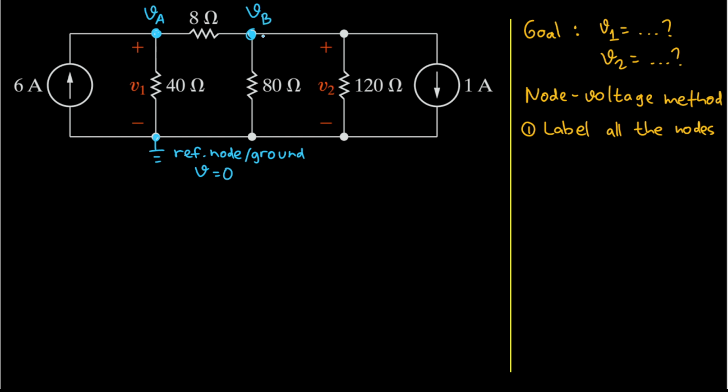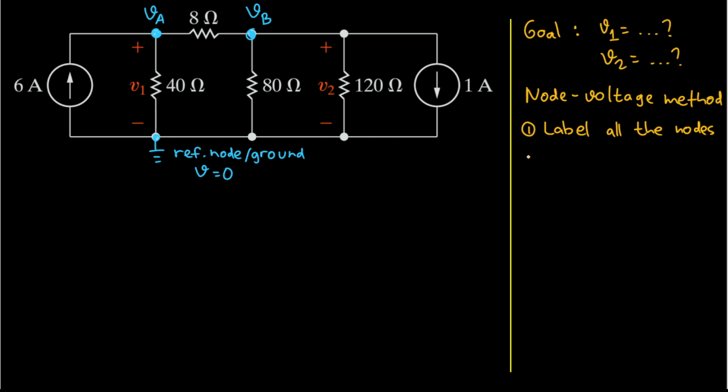Because it is connected directly to this, so it is actually not VB2, right? So we only have two essential nodes in this circuit. I mean three essential nodes, but one of them is the reference node that we know that the voltage there is 0. So we have done the first step, which is labeling all the nodes.